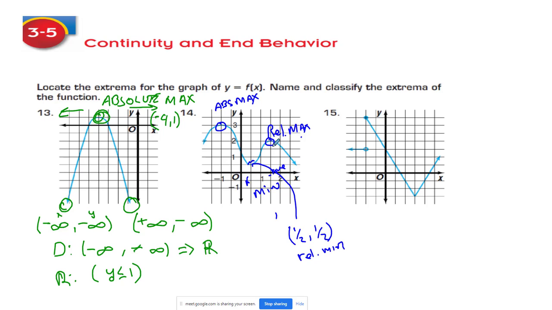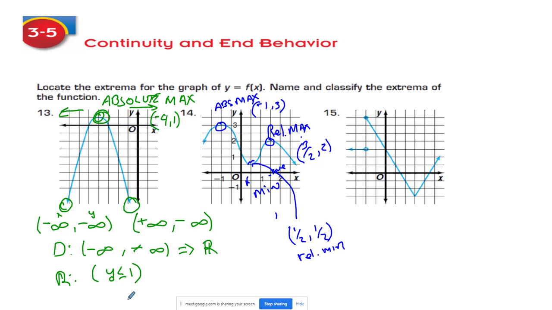At 3/2, 2, there's a relative maximum. At negative 1, 3, there's an absolute maximum. So we took care of the maxes and mins, the turning points in the graph.